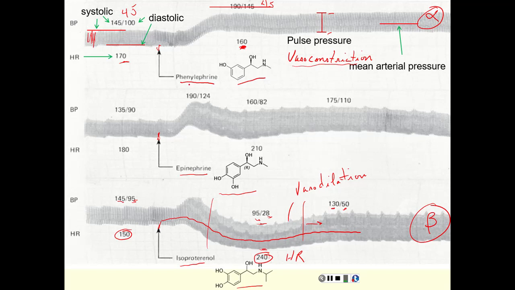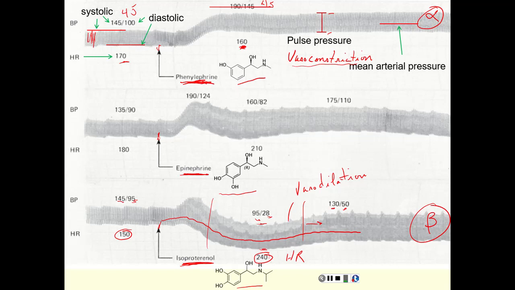So we would say that phenylephrine is predominantly an alpha drug, and isoproterenol is a beta drug, and we still call them those today. And epinephrine is a mixed drug. It produces some alpha and some beta effects.